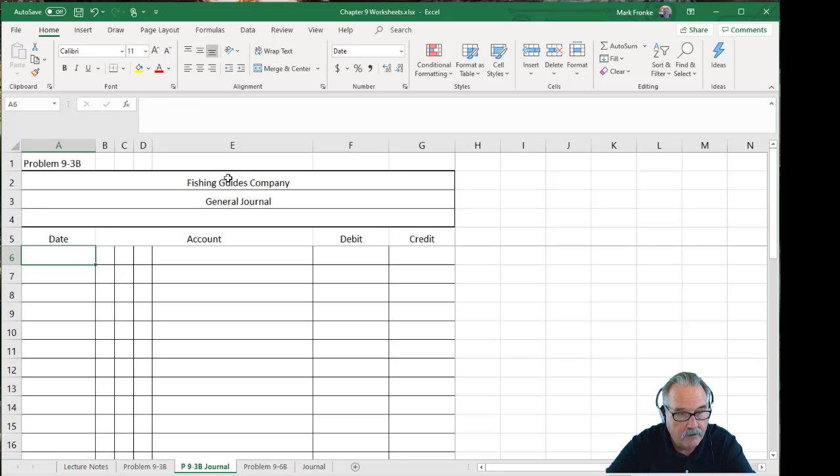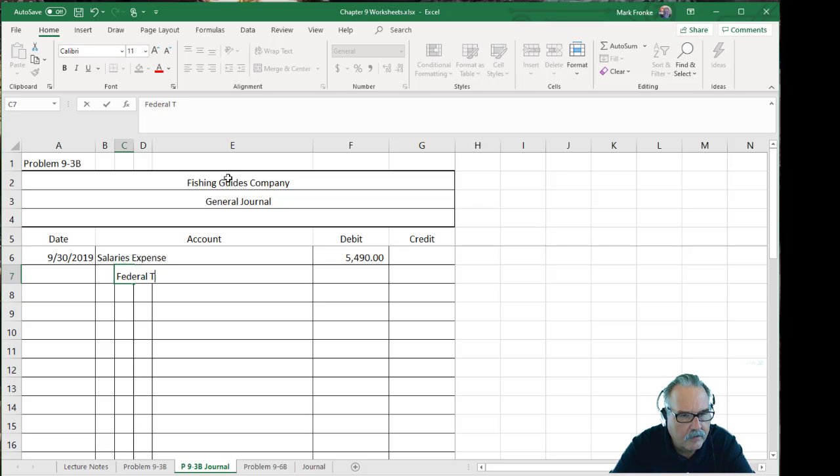And this is going to be dated on 9/30/2019. We will debit salaries expense for the $54.90. That's the total wages. We're going to credit federal tax payable, Medicare payable, healthcare payable, and salaries payable is the net pay.